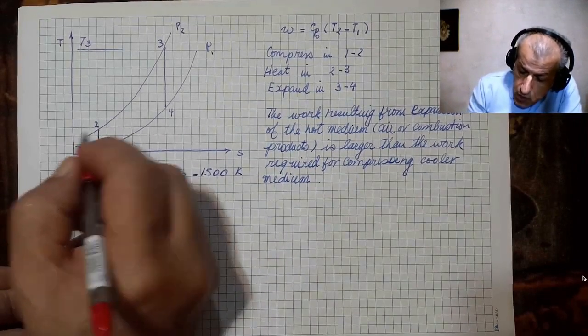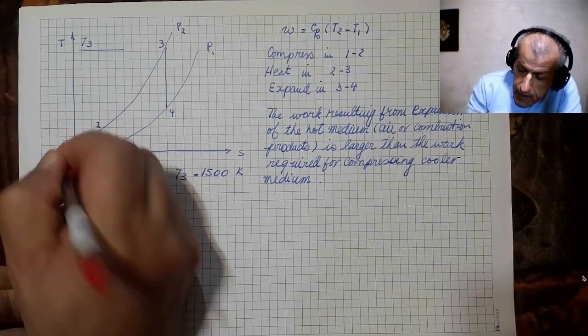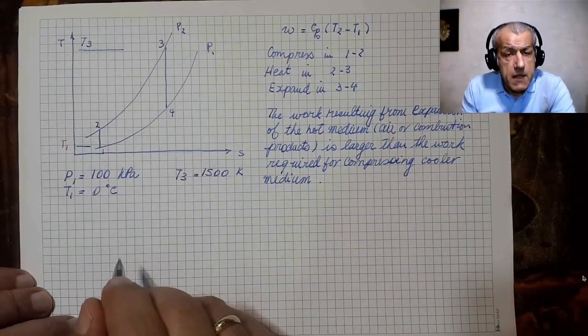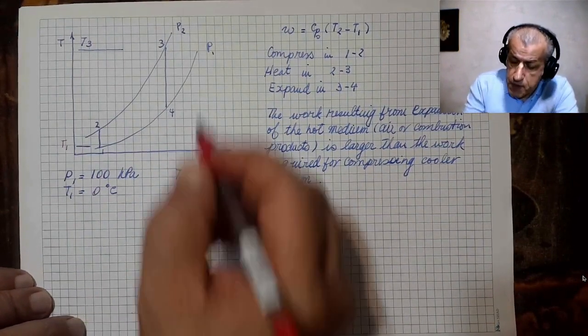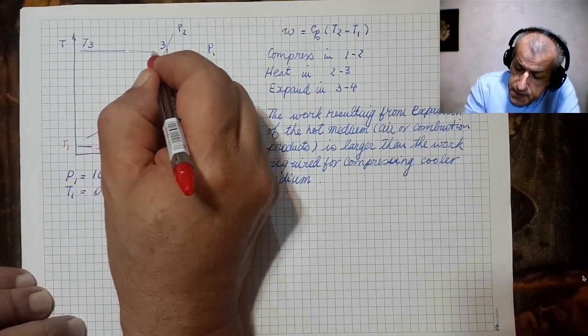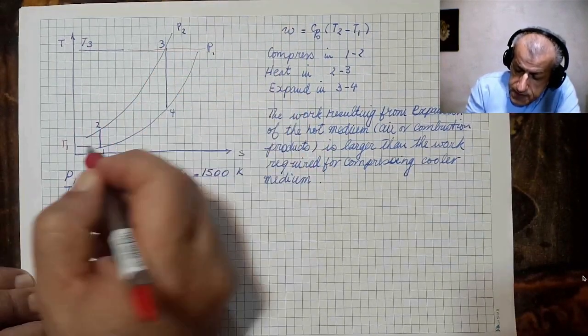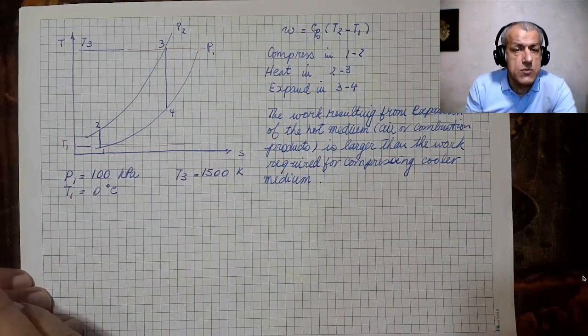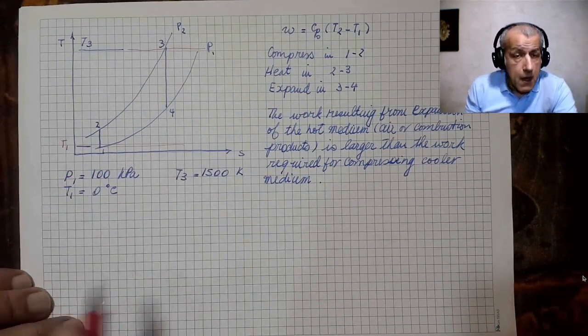Now, between these two temperatures, which one is T1 and one is T3, there could be many alternatives. You see, if this is T3 and this is T1, different pressure ratios are possible.